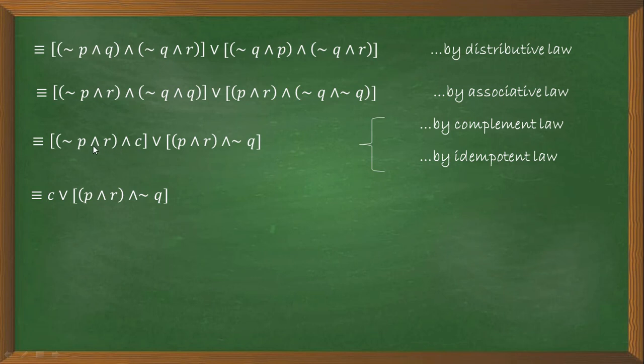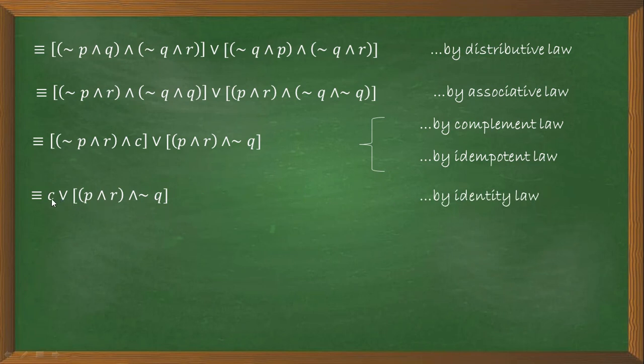So statement and false means contradiction by the identity law. So we get just C here, and then "or", this bracket keep as it is, P and R and negation Q. So this is by the identity law.